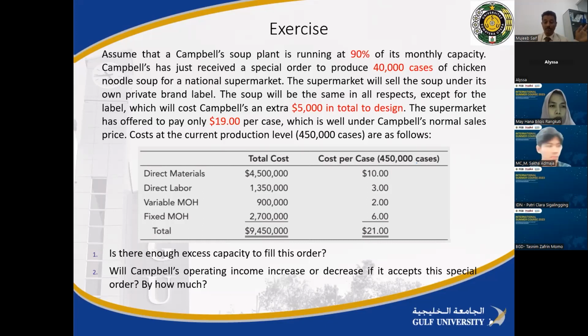If I don't have experience, immediately I will say, okay, each unit will cost me the total of variable cost and fixed cost, which is $21. How can the cost for each unit be 21 when this crazy customer wants to pay us only 19?